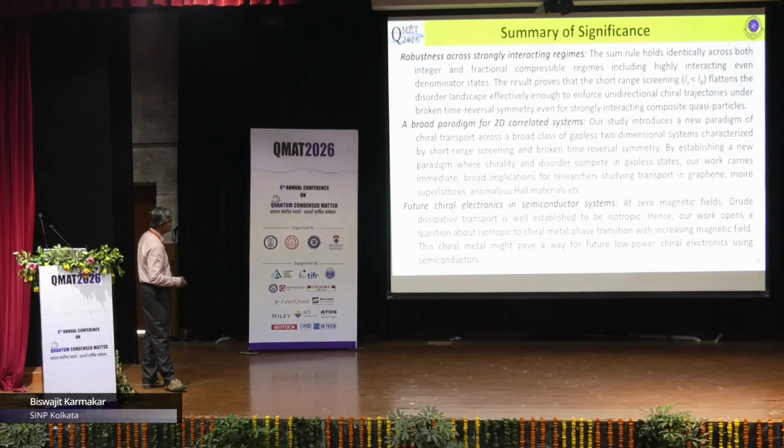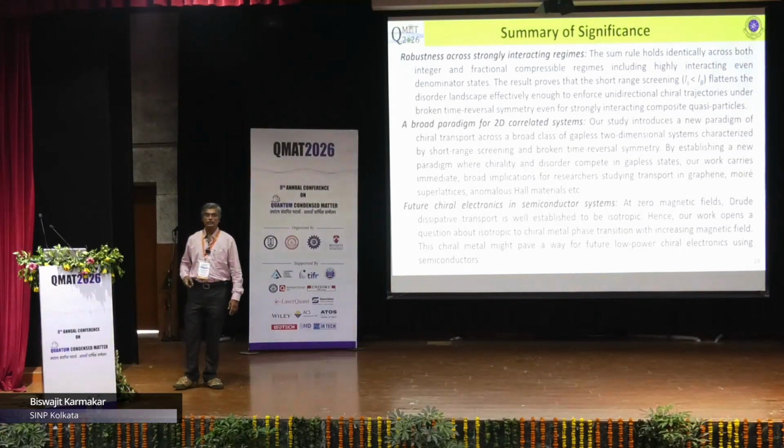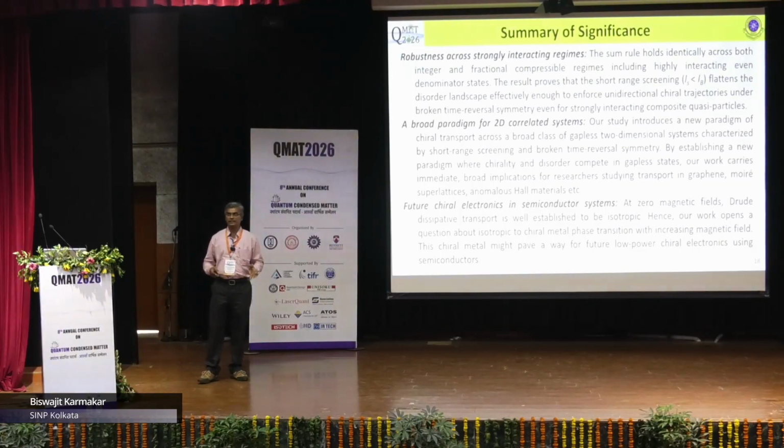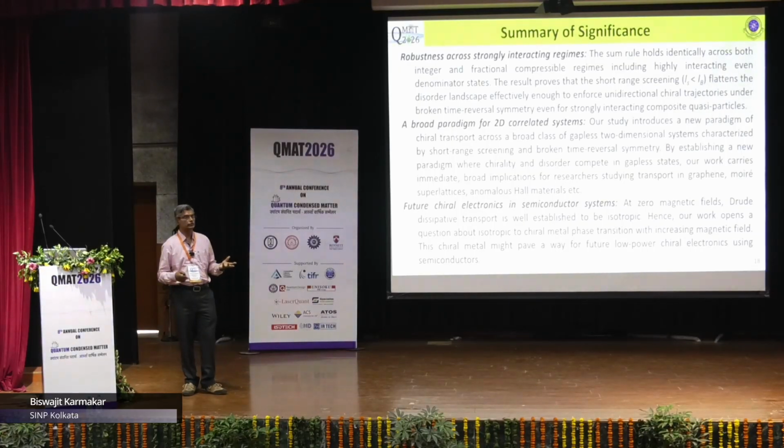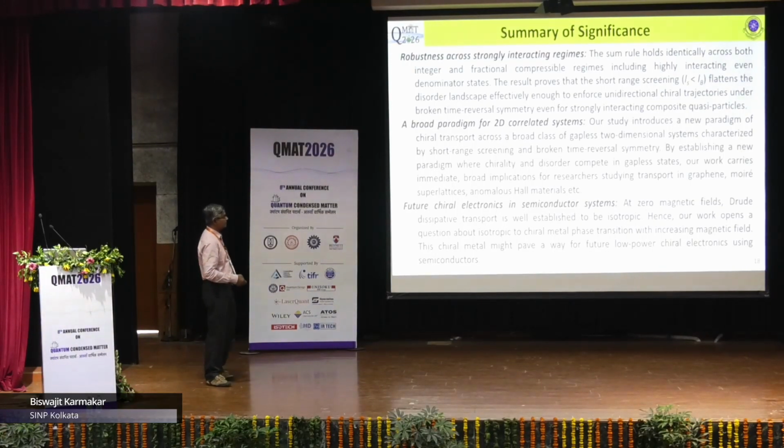And now this is the future of chiral electronics in semiconductor systems. People invested so much time on topological insulators, why? To make low power chiral electronics. In this system, at B equal to 0, which we haven't shown in the data, it is isotropic and there is Drude transport.